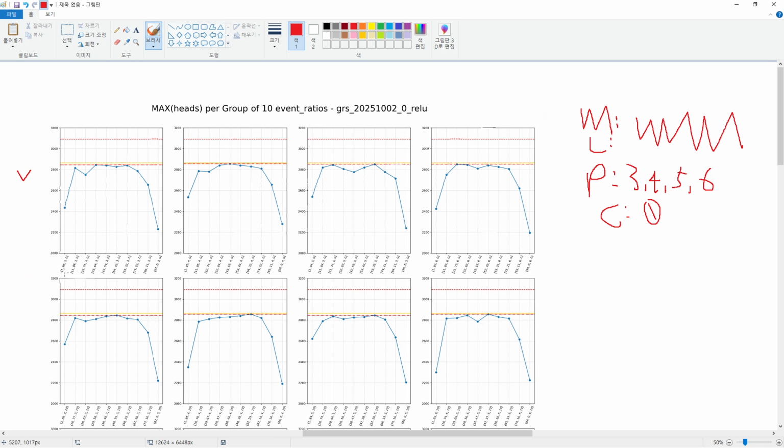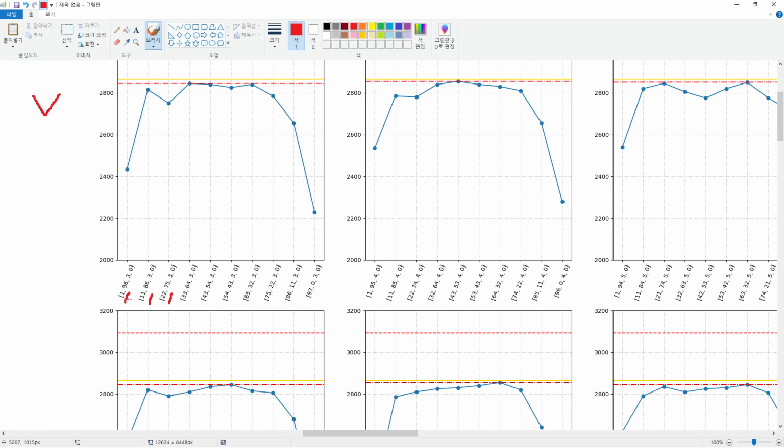As you can see here, the M starts from 1, and then 11, 22, need to zoom in for that, 1, 11, 22, 33, 43, 54, 65, 75, 86, 97, and then for the L, learn, it decreases by 10.